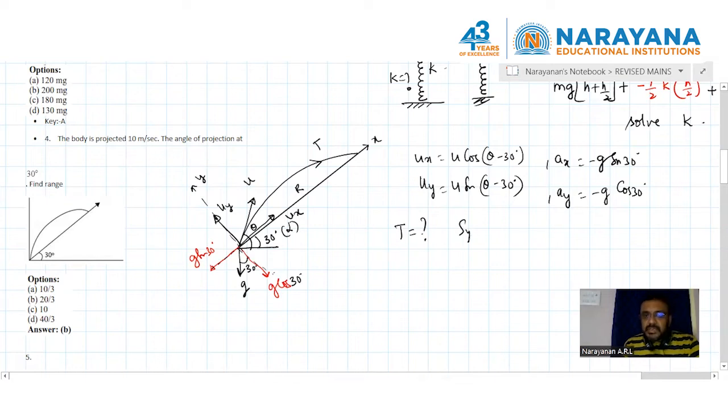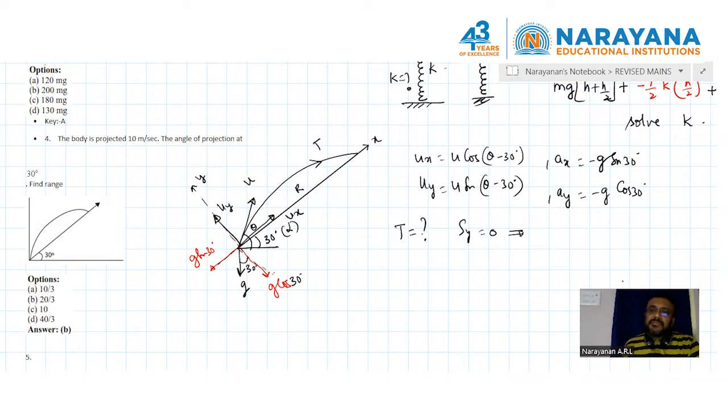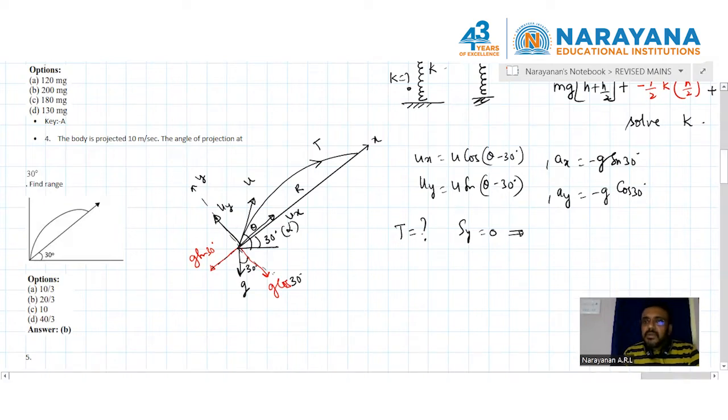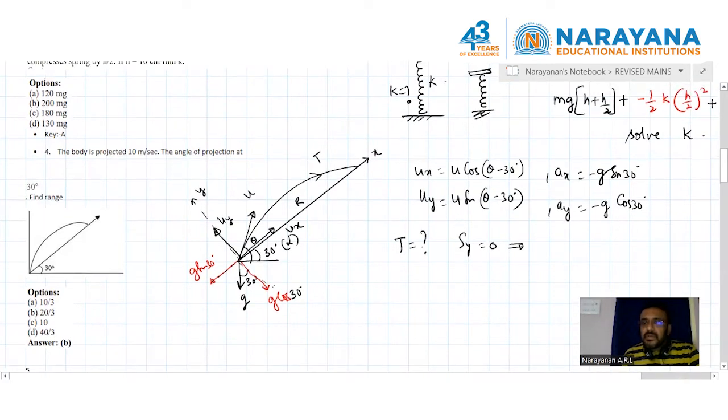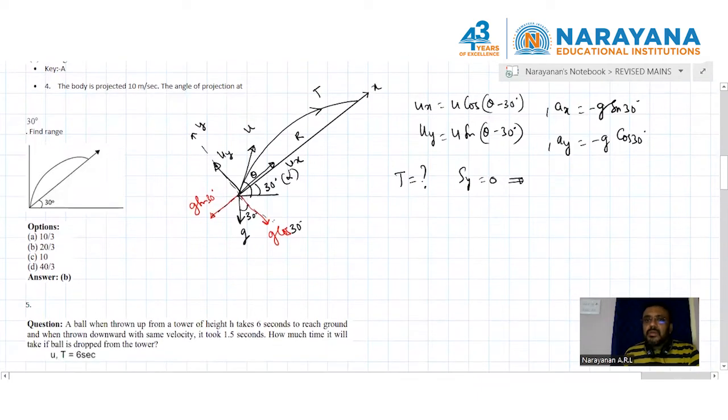So here sy will be 0. How to calculate that sy? uy into t plus half ay into t square.